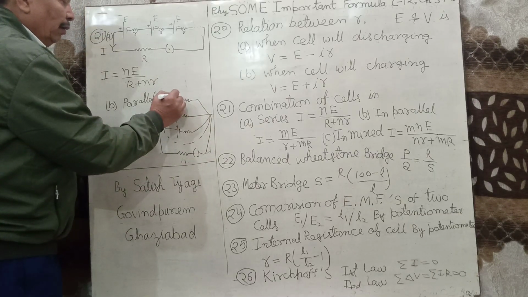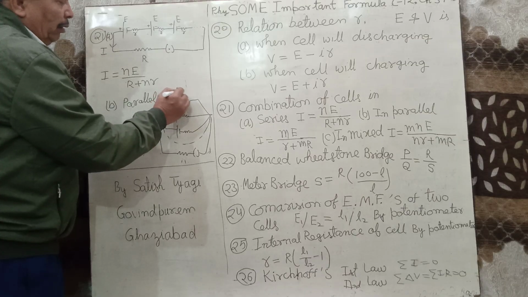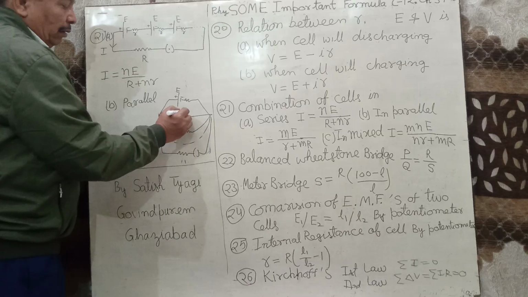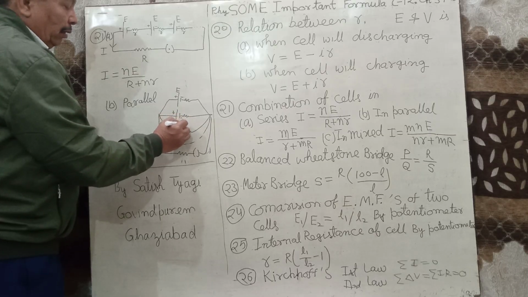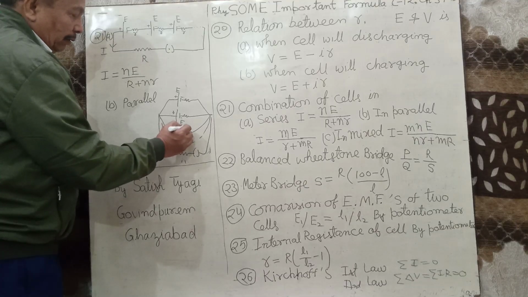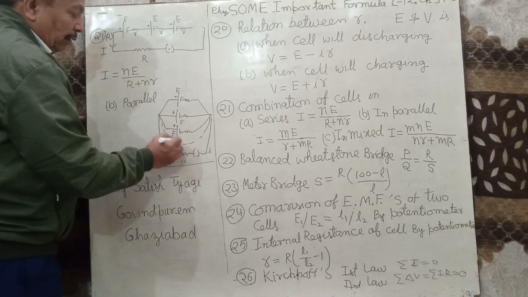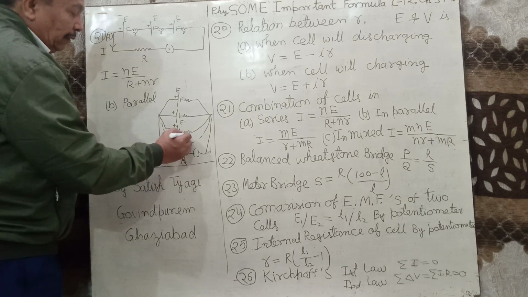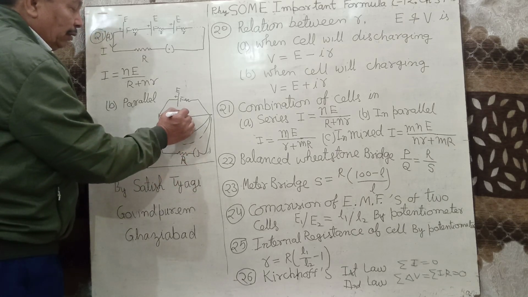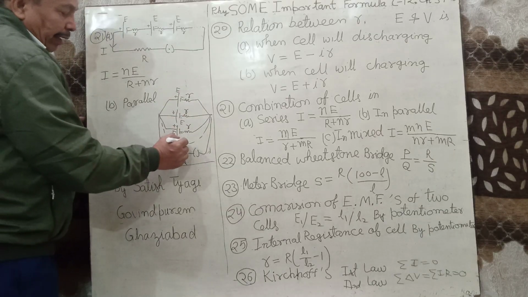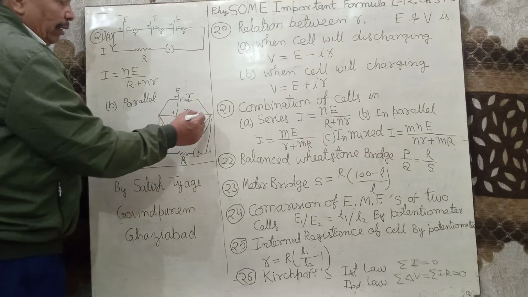This is the EMF of the cell. And this is the external resistance, this is the internal resistance of the cell, and m cells are connected in parallel.